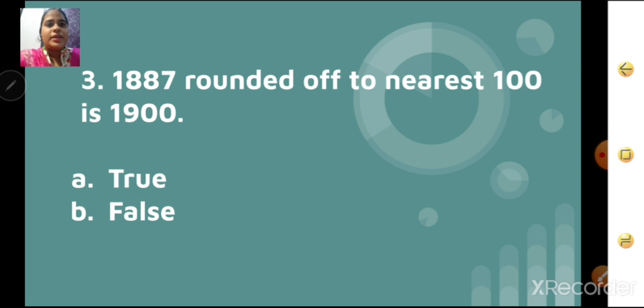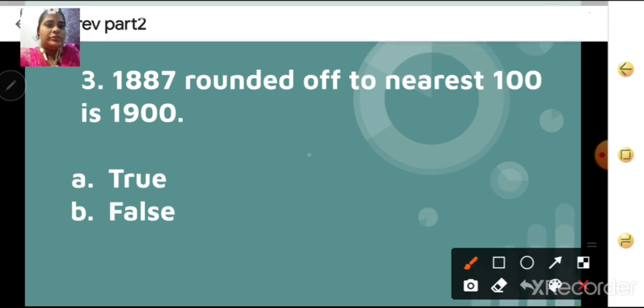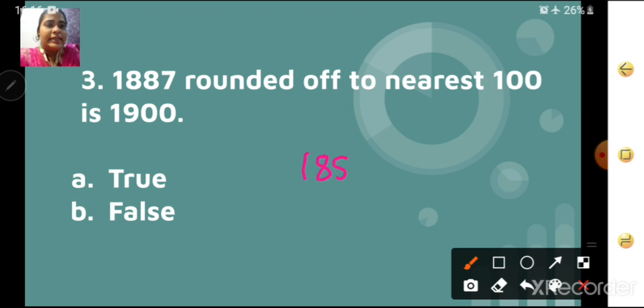Now next one. 1887 rounded off to nearest hundred is 1900. Children, in this type of question you have to actually round off the numbers and check whether the answer is correct or not. You can do it in your rough book. Now 1887. Okay, now we have to round off to nearest 100. That means we have to look the number at the tens place.